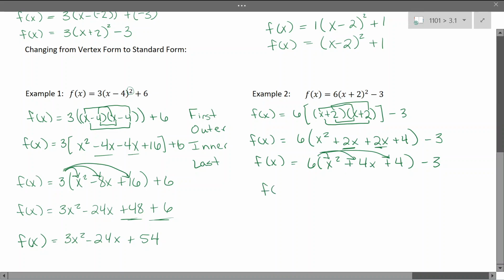So we have f of x equals 6x squared plus 24x plus 24 minus 3. And then our last step is to just clean up again by dealing with our like terms. And we have 6x squared plus 24x plus 21. And now it's in standard form.